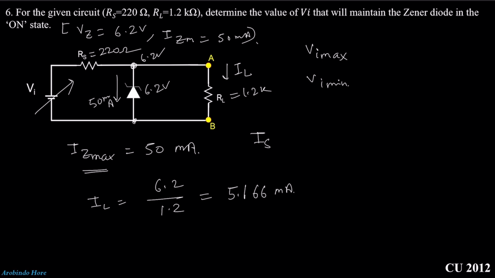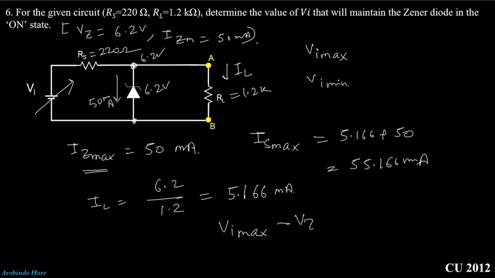So the source current max will be 5.166 plus 50, equal to 55.166 milliampere. Now we can easily calculate the value of Vi max. Vi max minus Vz, divided by 220, will be 55.166.